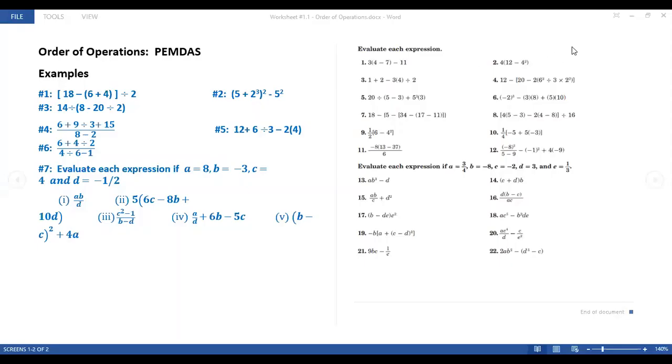Here are the worksheets for the order of operations, for lesson 101. The ones in blue are the examples we're going to go over in this video.